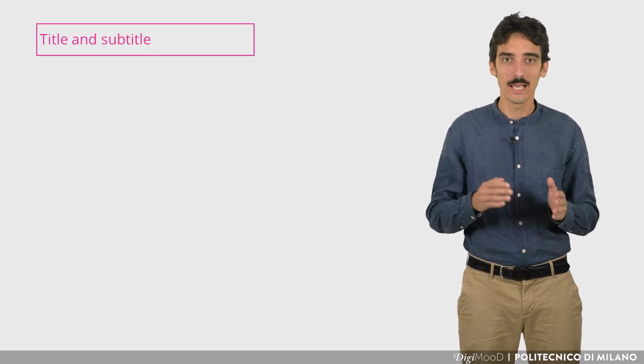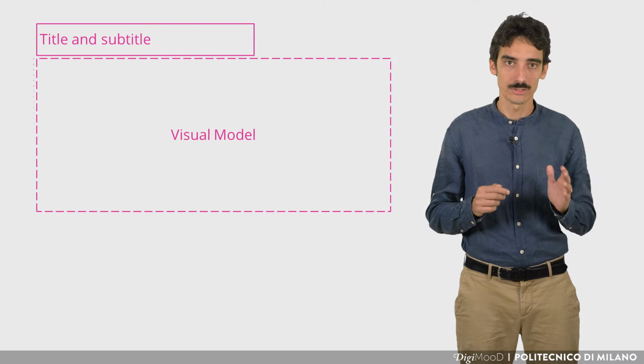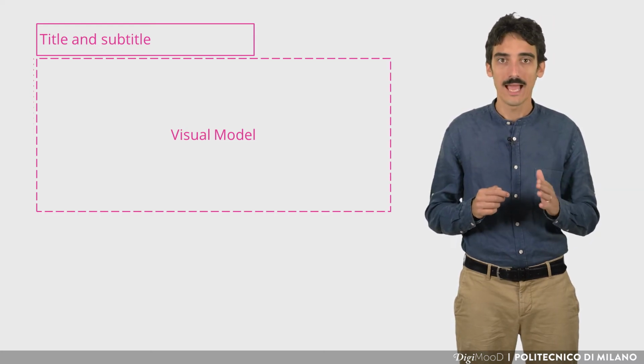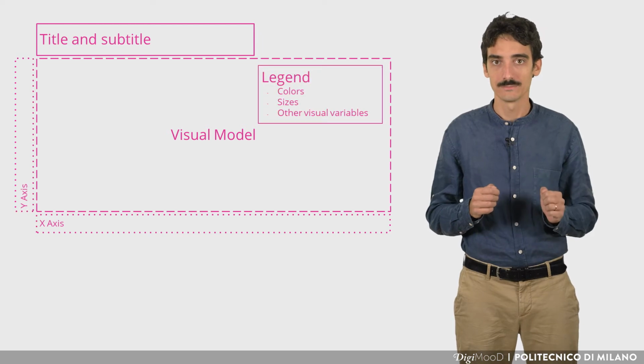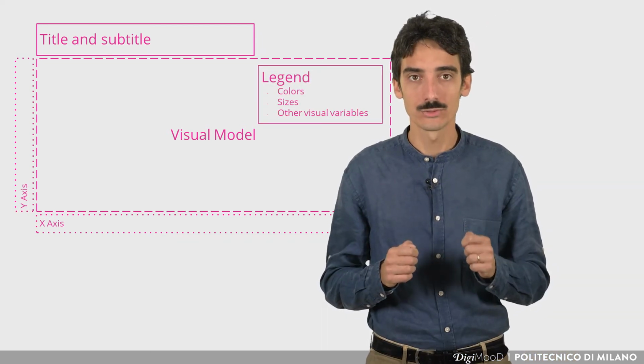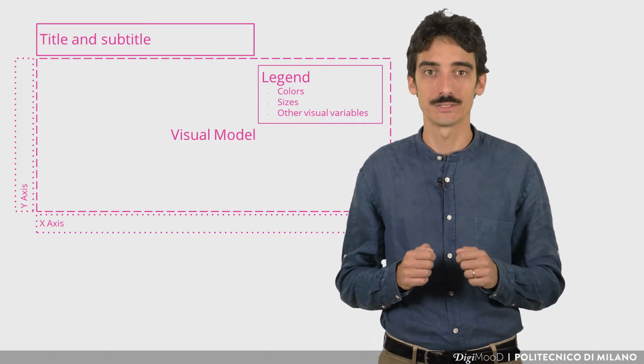Some of the visual elements to take care of in the design of data visualizations are a title and a subtitle, description text, textual annotations, labels, axes, a legend. All these elements can help the reader to engage with the visualization.